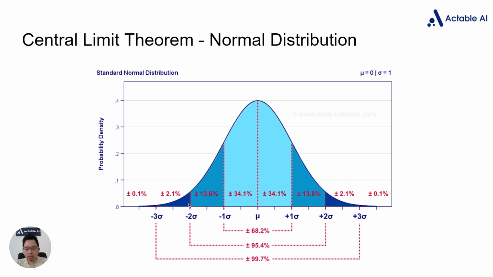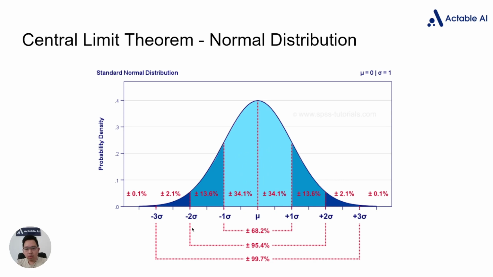Basically, this figure says that in the range from the mean minus one standard deviation to the mean plus one standard deviation, 68.2% of the data is distributed in this range. The chance that a data point will fall into this range is 68.2%.